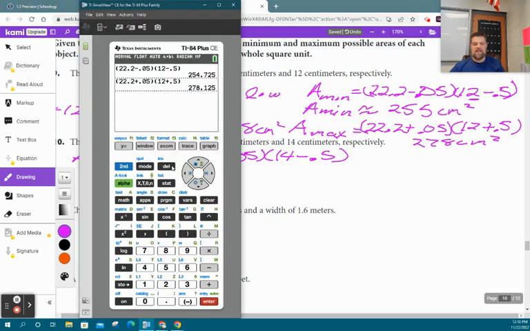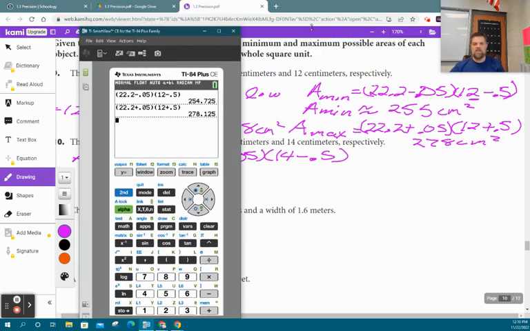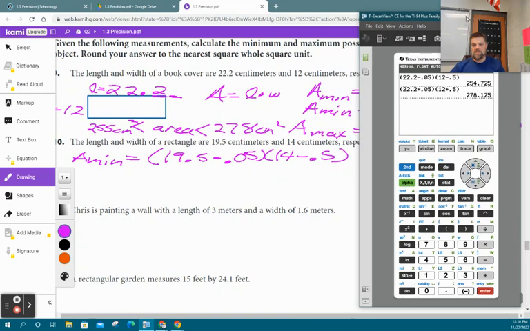So let's do that in our calculator. Let me move this over so I can see it. 19.5 minus 0.05. Oh, we have to put it in parentheses. And then we say 14 minus 0.5 and hit enter.